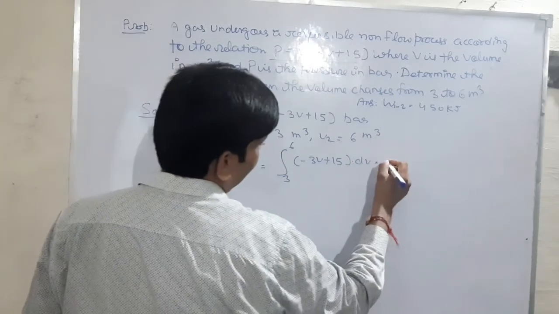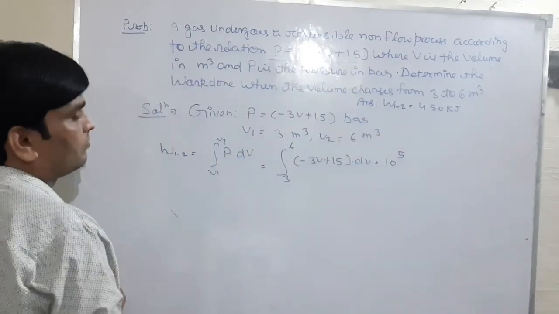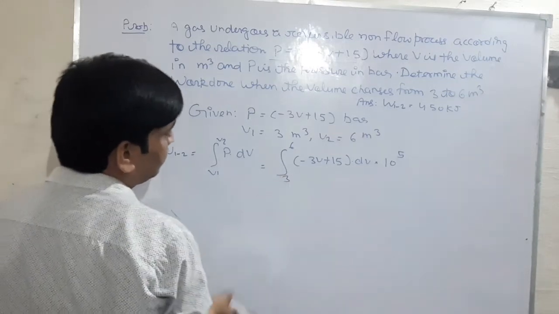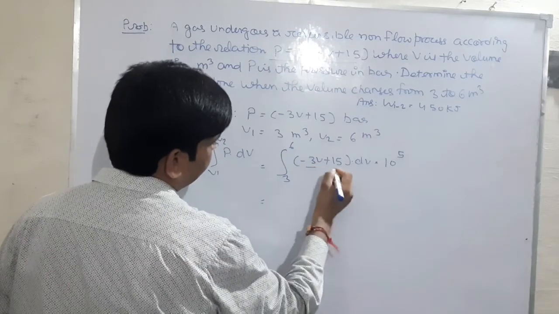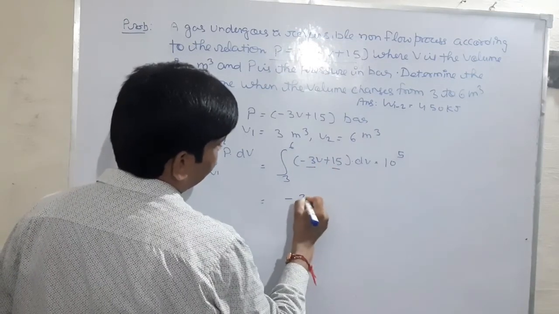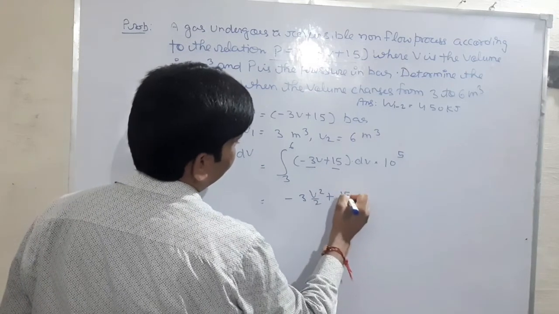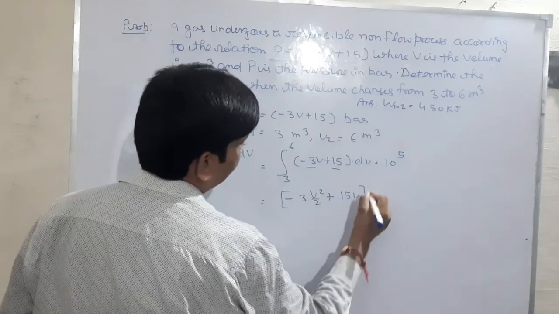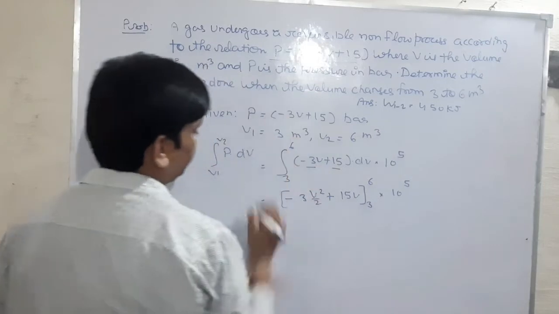So 1 bar equal to 10 to the power 5 Pascal. On integration, this is minus 3V square by 2 plus 15V, with limits 3 to 6, into 10 to the power 5.